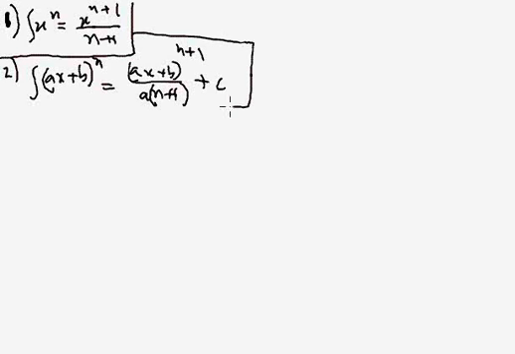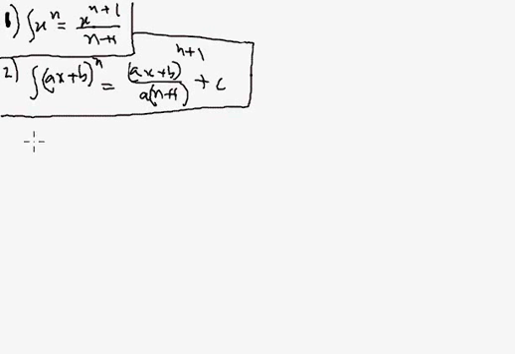The two formulas, as from the last lecture: the first one is the integration of x power n, which is x power n plus 1 divided by n plus 1, and the second formula is ax plus b whole power n, which integrates to ax plus b whole power n plus 1 over n plus 1, multiplied by the derivative of this, which is a. These are the only two formulas used in P1 integration.